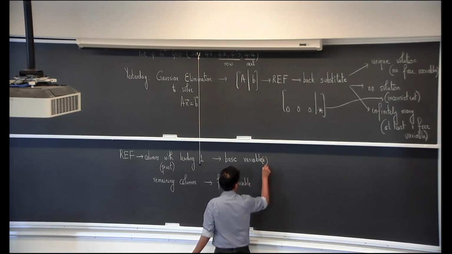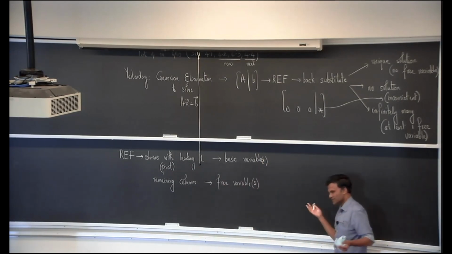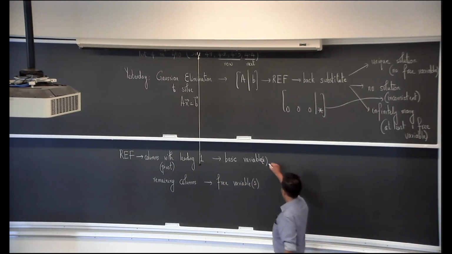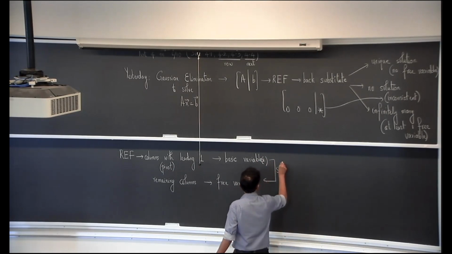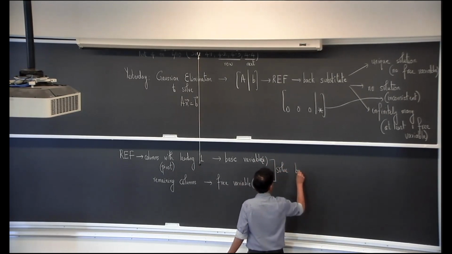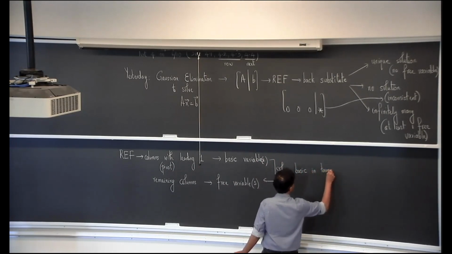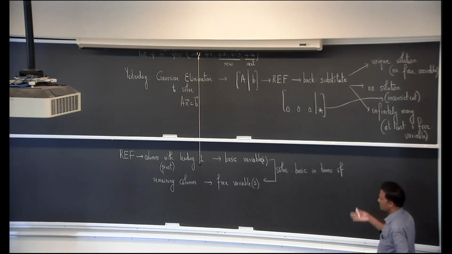Again, there is no guarantee that there is more than one. So it's basic variable or variables, free variable or variables. And the idea is to solve for the basic in terms of free always. So even when we are doing the homogeneous system today, we're going to follow the same process, except that the right-hand side is going to be 0.